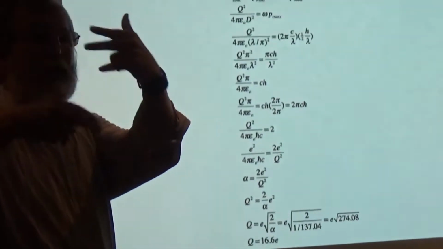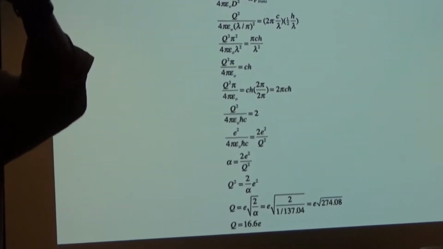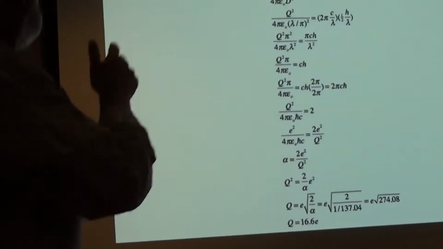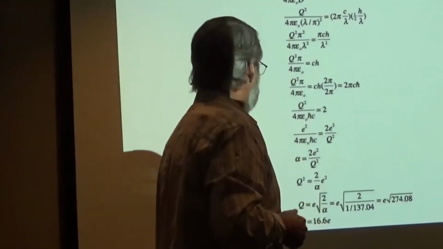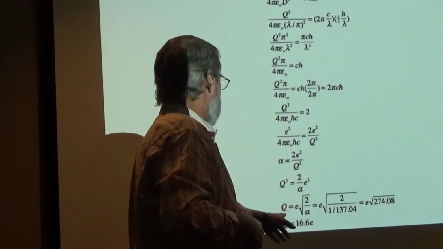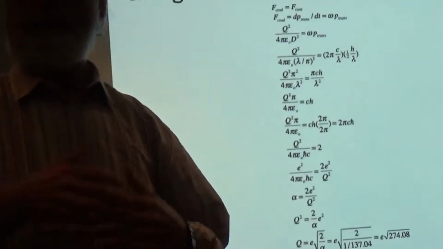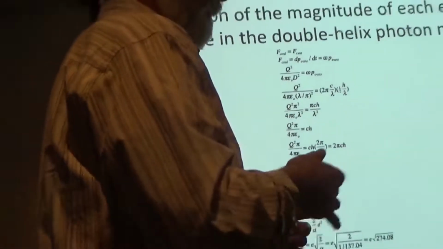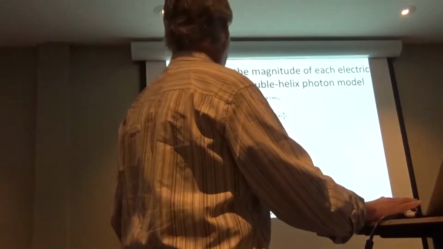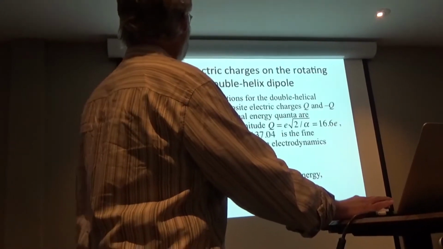It turns out it comes right out of the math of calculating the Coulomb force of attraction that will produce that centripetal motion. e square root of 2 over alpha mathematically comes out to 16.6 electric charges. So it's bigger than the electron or positron charge. But it comes out precisely that.